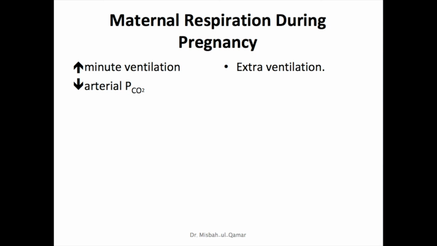There is an increased BMR of the pregnant woman because of her greater size and the high level of progesterone. They all increase the sensitivity of the respiratory center to carbon dioxide. So the respiratory rate is increased to maintain the extra ventilation because the growing uterus presses upward against the diaphragm and its total excursion is decreased.